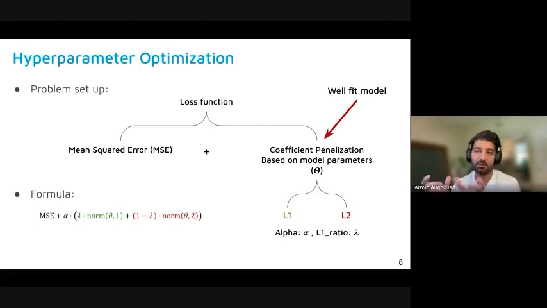Inside of that normalization, we have the L1 portion and the L2 portion, and this changes based on the L1 ratio, or lambda here. If lambda is 0, we are focusing on L2. If it's 1, we're just focusing on L1. And it can be somewhere in between 0 and 1.